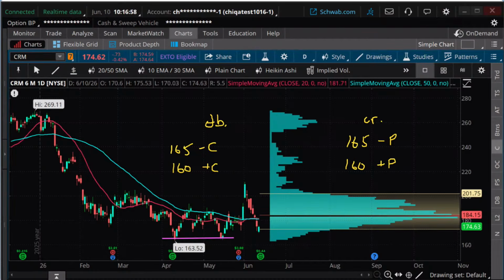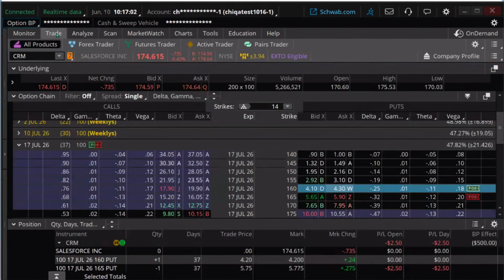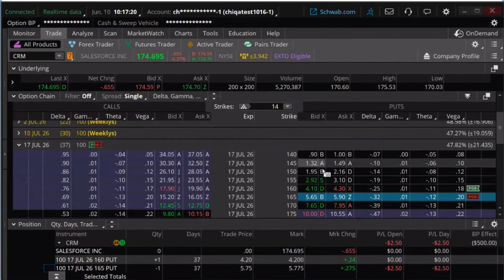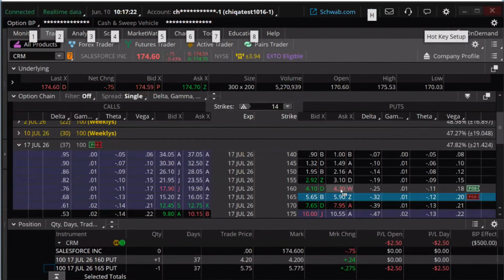A lot of the numbers would look very similar in that case. In fact, let me go back to that option chain here for a sec. If I were to go back here, we looked at this 160, 165 short call vertical. Let me add that in one more time, and I just want to look at this here. 165, 160.